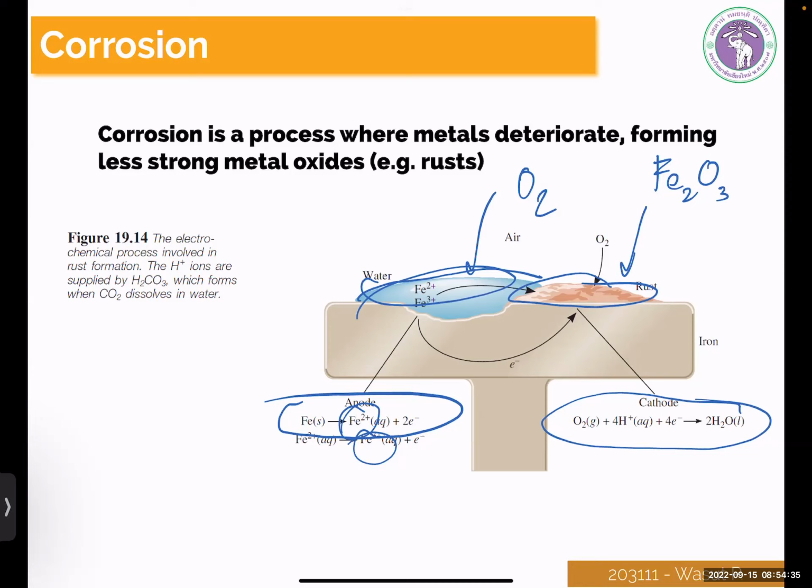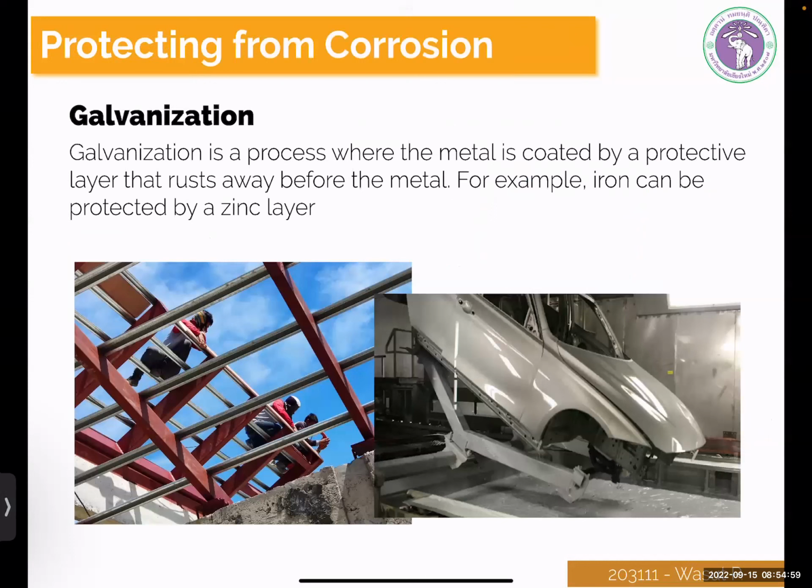Okay, but you can definitely prevent rust from occurring on your iron as well. By the knowledge of the galvanic cell, or the knowledge of the redox reaction and all those standard reaction conditions, you can try to prevent rust from happening. How do you do it? Well, one way that you can prevent rust is called galvanization.